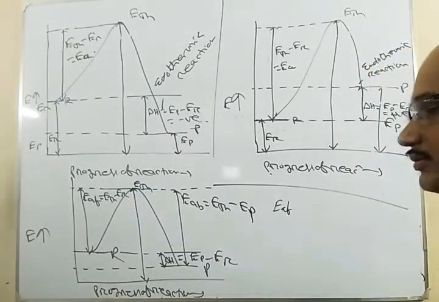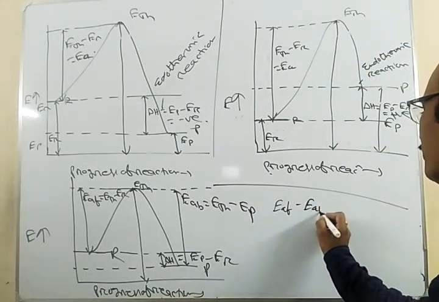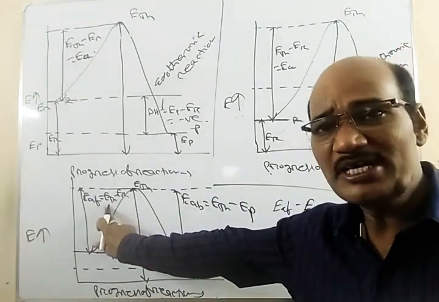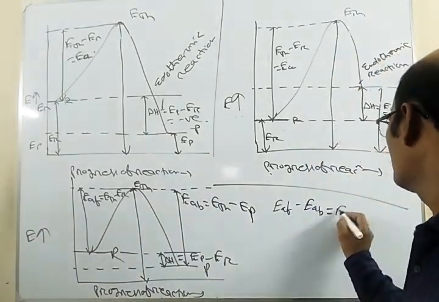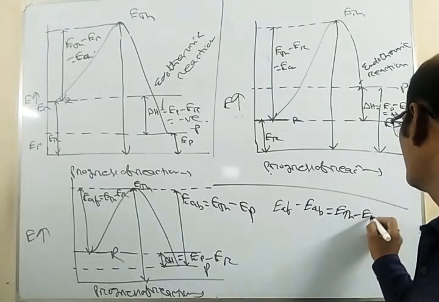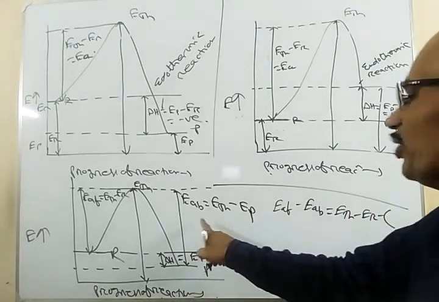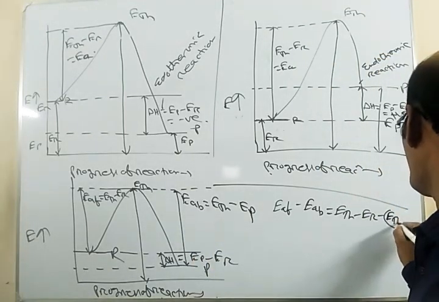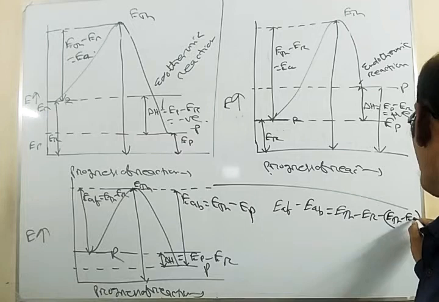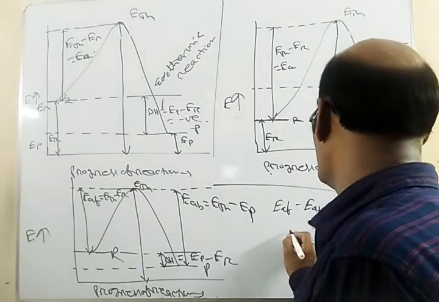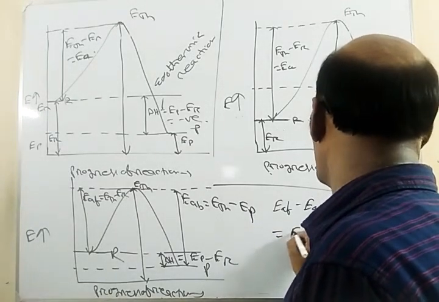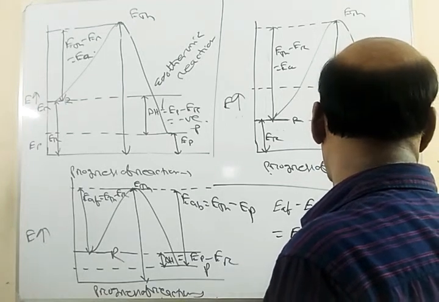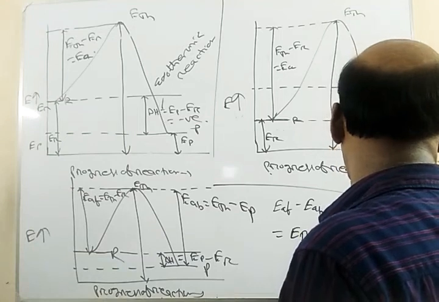Okay. Now see, if I write EAF minus EAB, EAF equals ETH minus ER, minus EAB equals ETH minus EP. Now this is equal to ETH minus ER minus ETH plus EP.